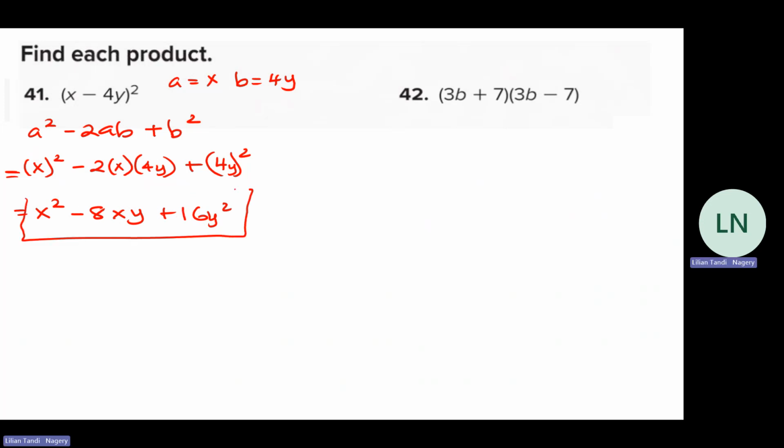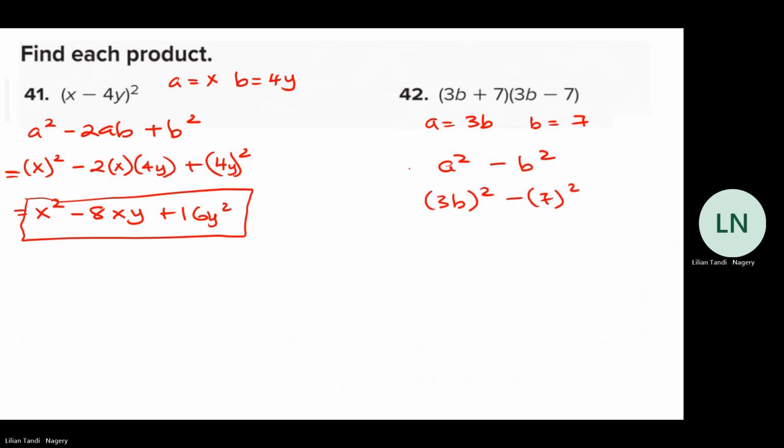So make sure you box your answer. Then A is 3b, b is 7, a squared minus b squared, 3b squared minus 7 squared, 9b squared minus 49. Box your answer.